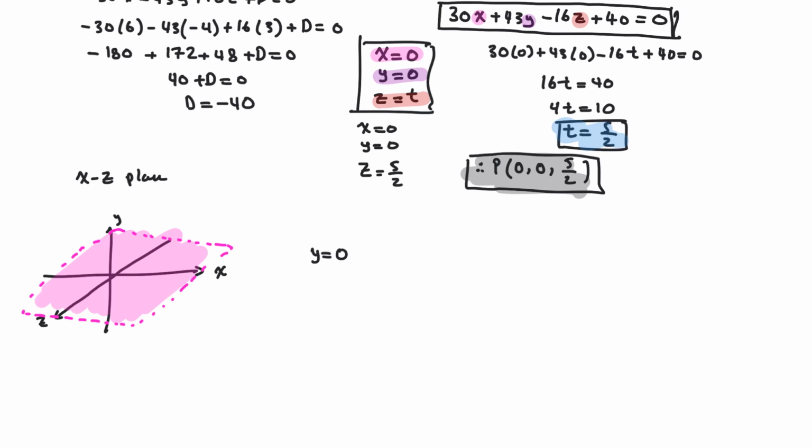This is one of the planes. So if I were to plug that back into our original equation, 43 times 0 minus 16 times z plus 40 is equal to 0, then I would get 30x minus 16z plus 40 is equal to 0.